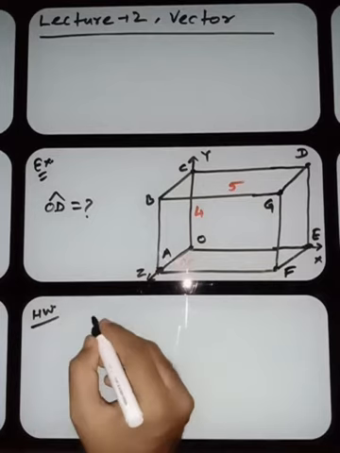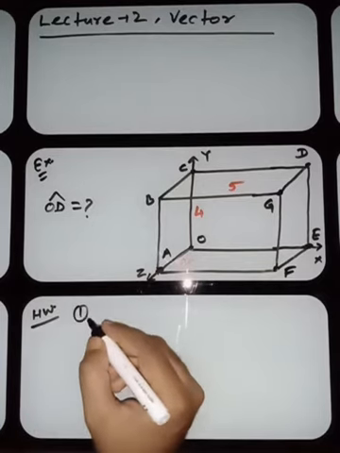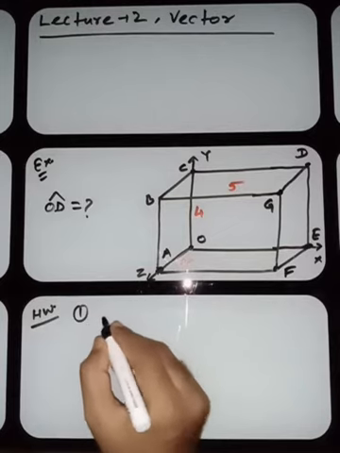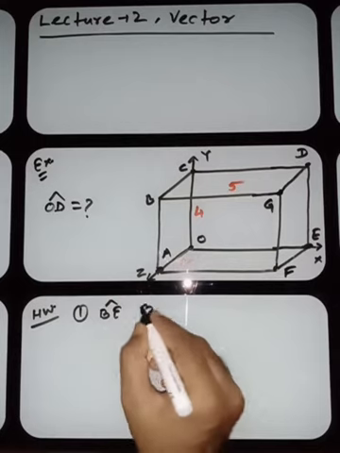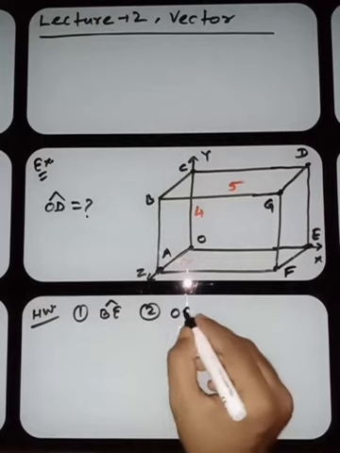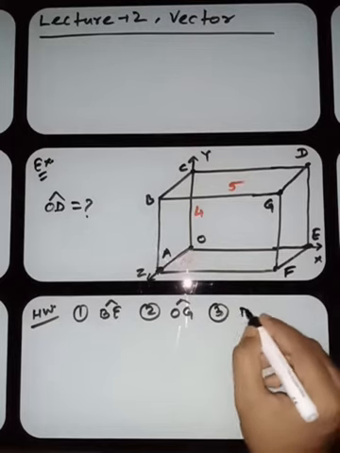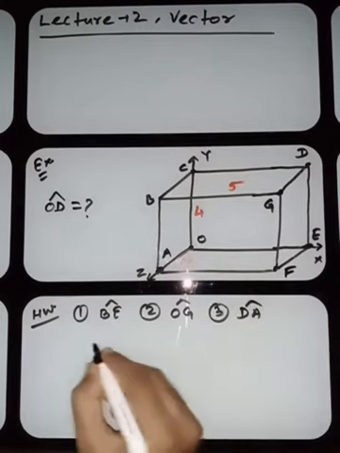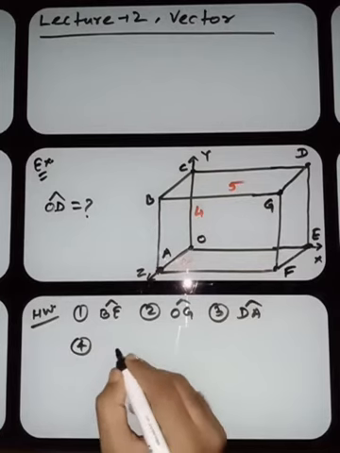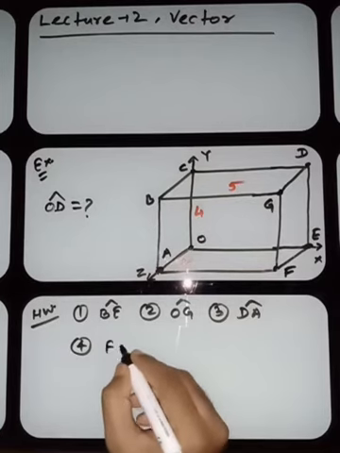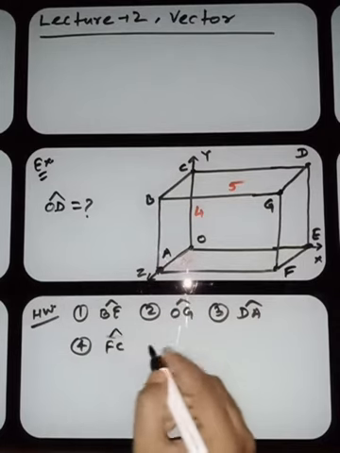Your homework: you have to find the unit vectors of BE, second, OZ, third, DA, fourth, FC, and the last of R.